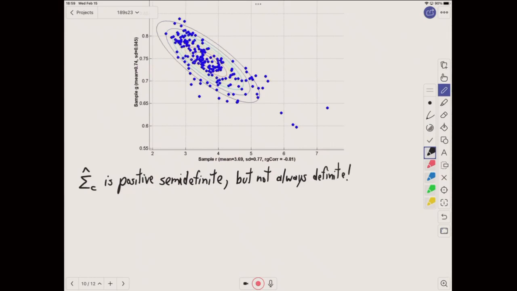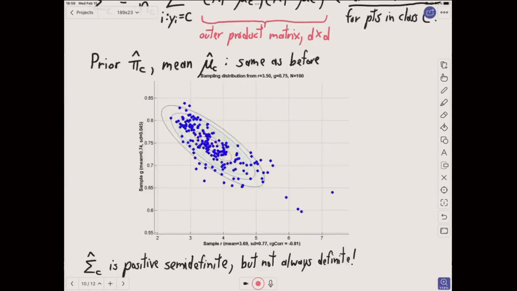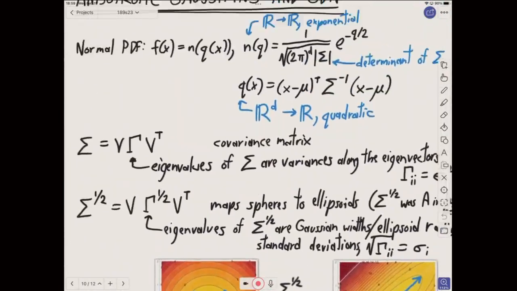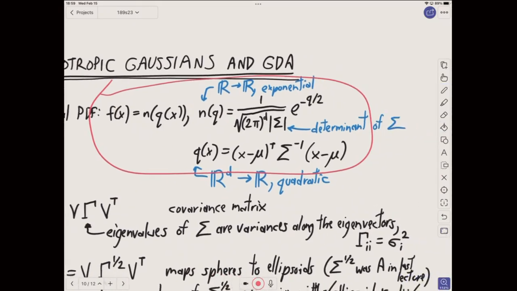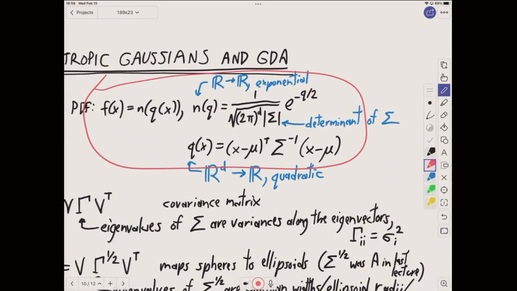It is possible that you have a singular sample covariance matrix, and the normal distribution, recall this PDF up here, this is not defined if you have a singular covariance matrix, because remember right here we have the determinant of the covariance matrix. And if that's 0, then you're dividing by 0. There are ways you can massage your way around that sometimes, but in practice you need a non-singular covariance matrix.